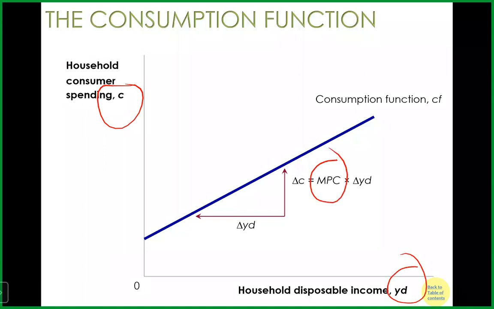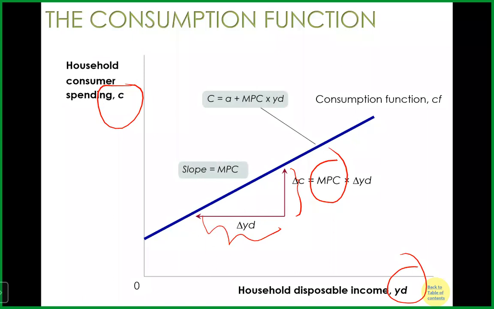So how do we calculate the slope of the curve? The change in the vertical line divided by the change in the horizontal line. But that's equal to MPC. Okay? Slope equal to MPC, and C equal to A plus MPC times YD.